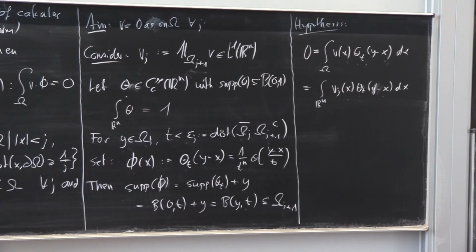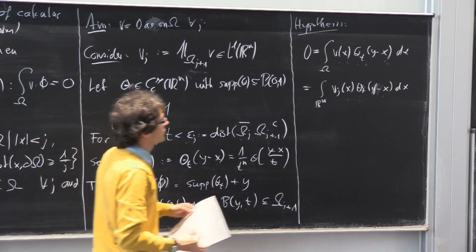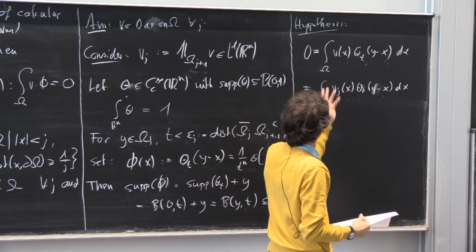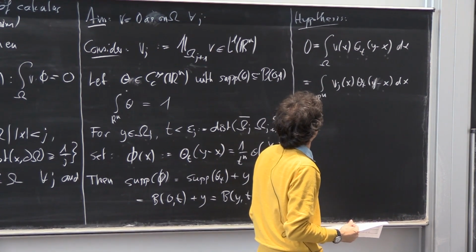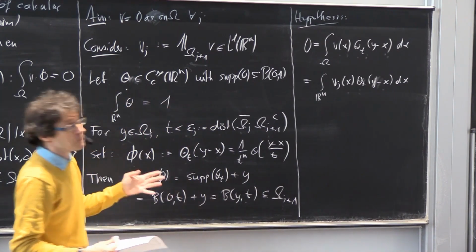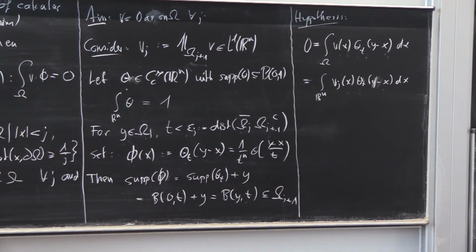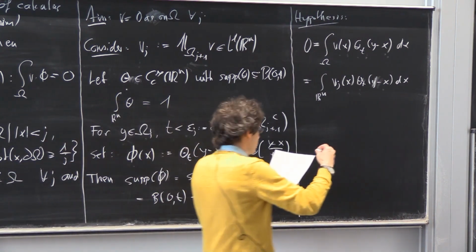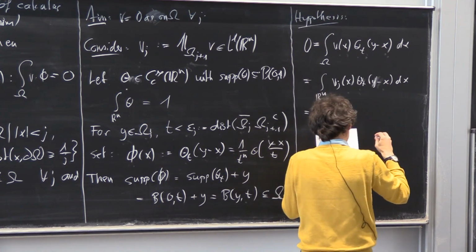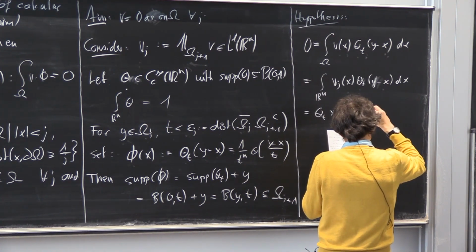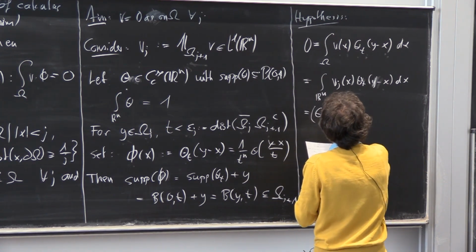And again, we consider Vj as a function on Rn, but outside of omega, everything is 0, so we can write an integral over Rn. And what we now have there is a convolution. As I said, this was the aim, to find a convolution. So now this is theta t convoluted with Vj at the point y.